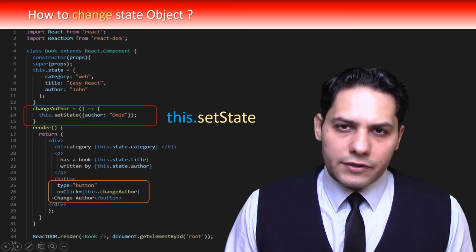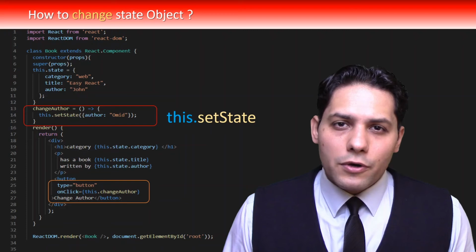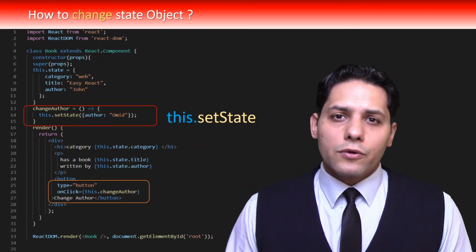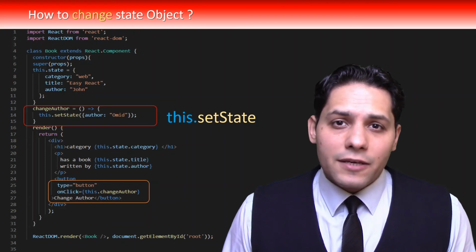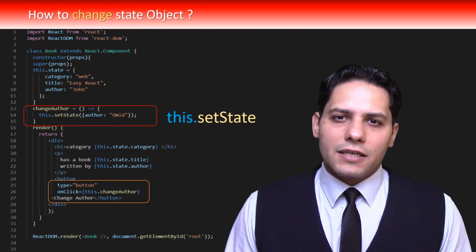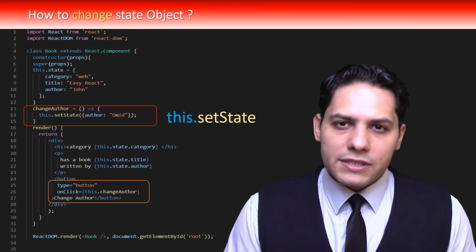Let's see the result. Also, in this tutorial, I'm going to introduce you to a very useful website for checking your React code, and it's stackblitz.com. Let's consider this website together and check our code there.